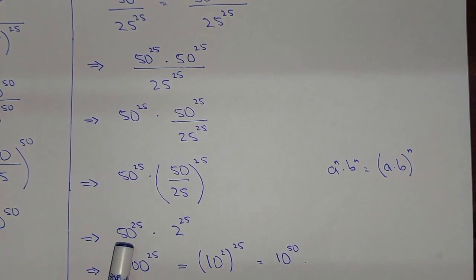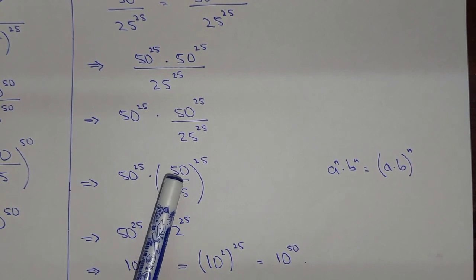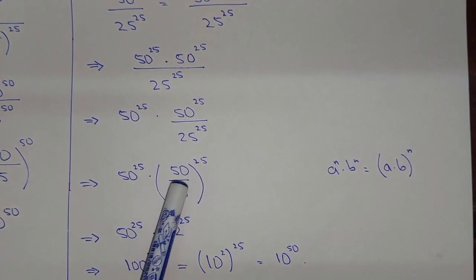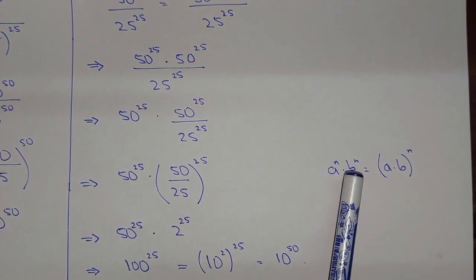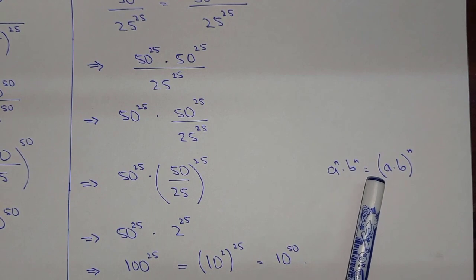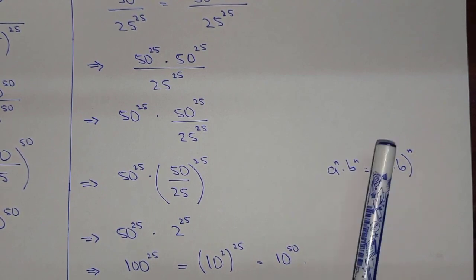Now we have 50 power 25 into 2 power 25, because 50 divided by 25 is 2. Whenever we have a power n into b power n, it can be written as a into b whole power n.